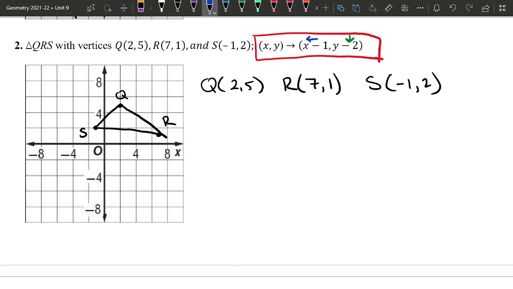So we plug in the value of x, which is 2, and then say minus 1. And then y is 5, and then minus 2, and that gives us the new Q point, Q prime. 2 minus 1 is 1. 5 minus 2 is 3. For R, same thing. Subtract 1 from the x's and subtract 2 from the y's.